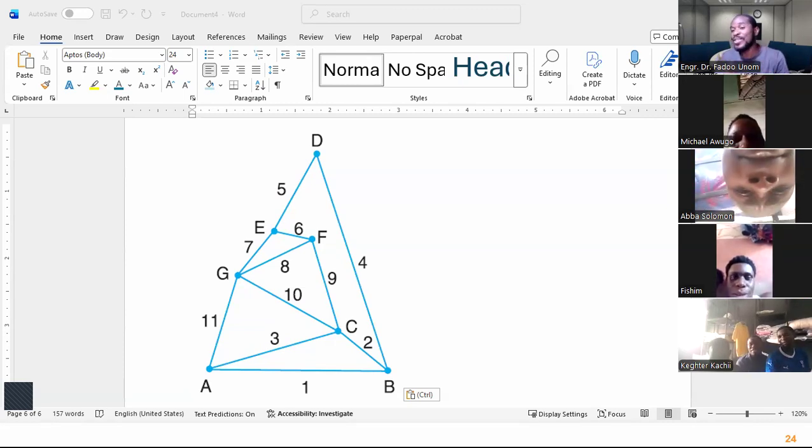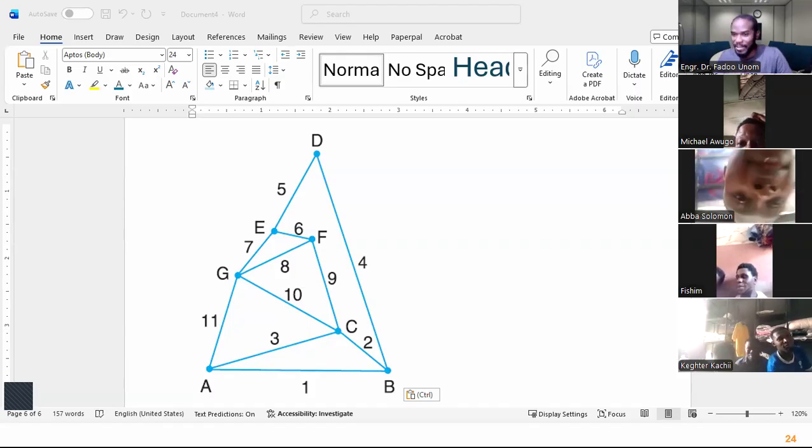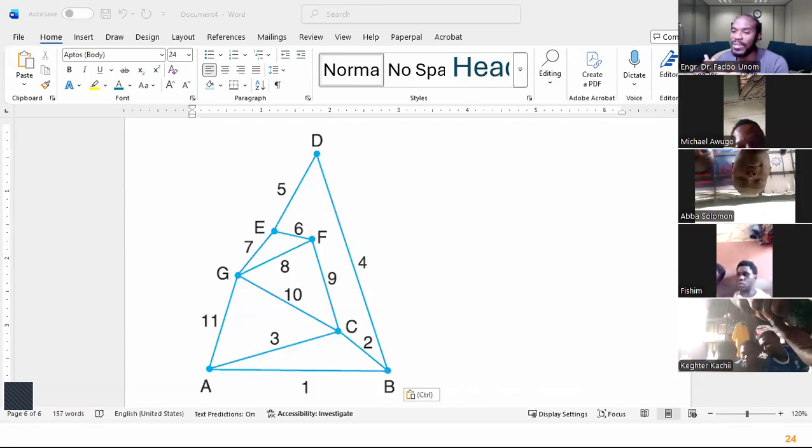Follow me carefully. You are forgetting what I taught you in class. Normally, when you have only two links connected to a joint, we call that joint a binary joint, right? But when you have three links connected to a joint, we call it a ternary joint.